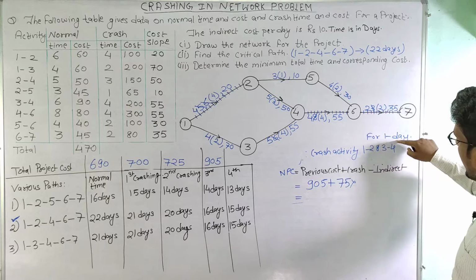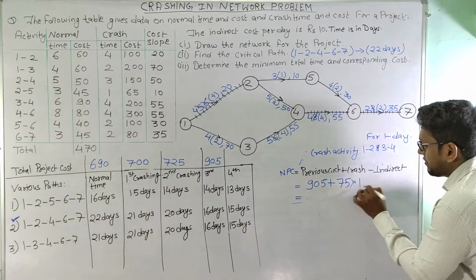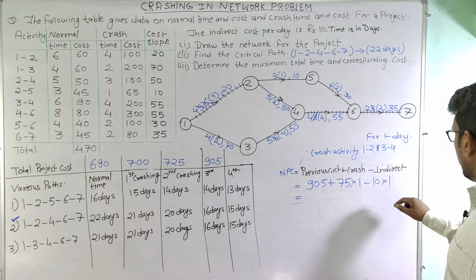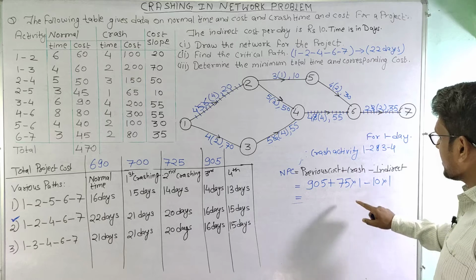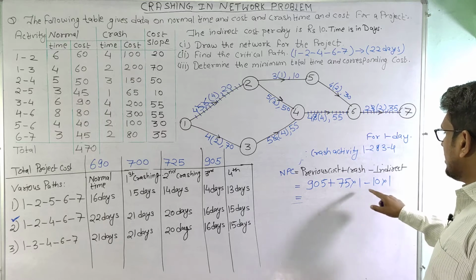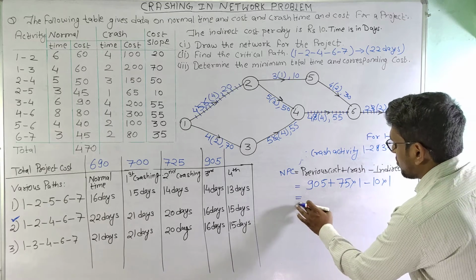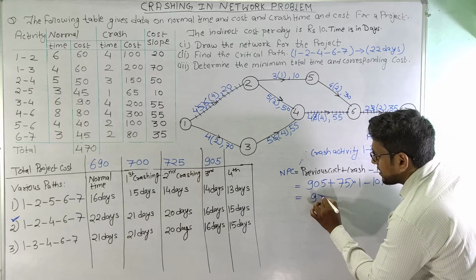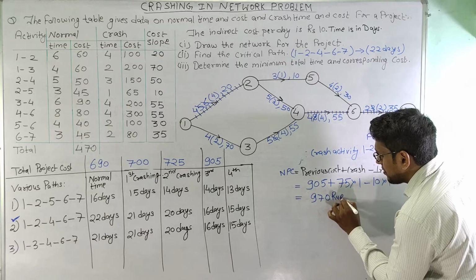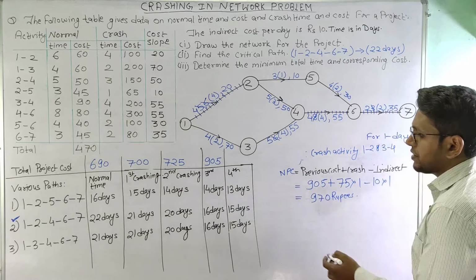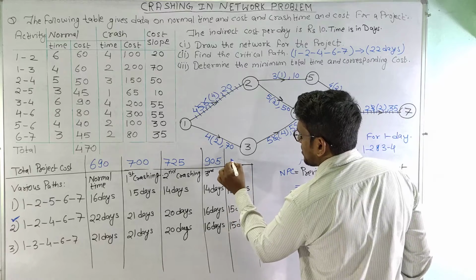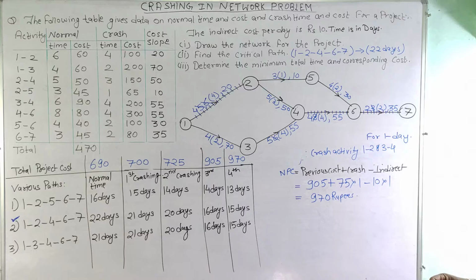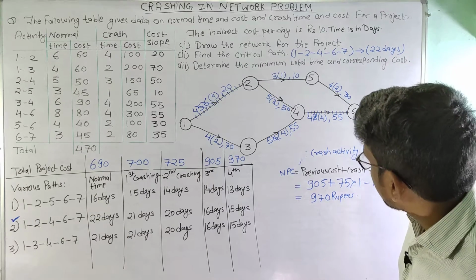These activities are crashed for a single day, so this is 75 into 1 minus 10 into 1. So we can see that here the new project cost will become 970 rupees. So after fourth crashing, the new cost is 970 rupees.